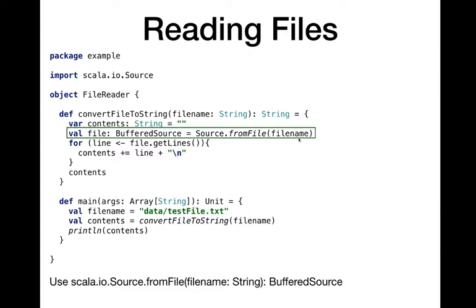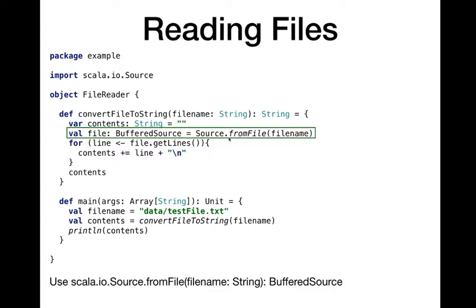I can just say for line in source.fromFile(fileName). But again, I want to split this into 2 lines to show you what's going on there. The source.fromFile method is going to return a buffered source. The buffered source is what we call iterable, which I always have trouble saying, which means that we can throw it in a for loop and iterate over it.